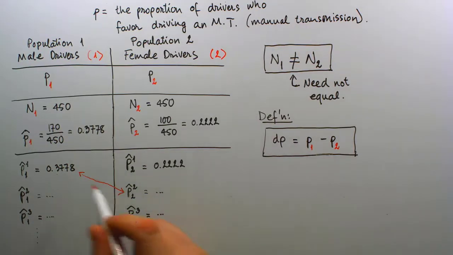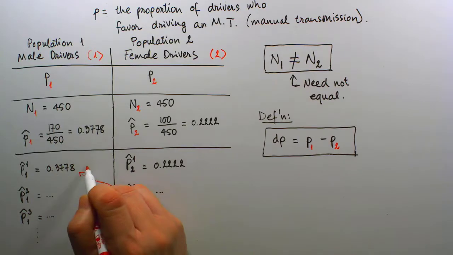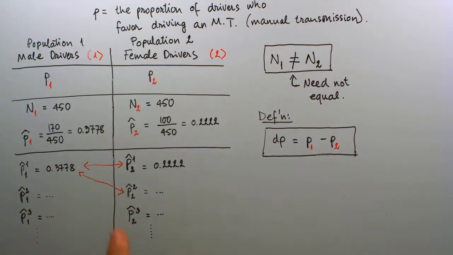Or aside from that, I can subtract directly the two first samples that I currently have. So this short double arrow line, connecting the p̂1 first sample and the p̂2 first sample, indicates that these two can create another difference.